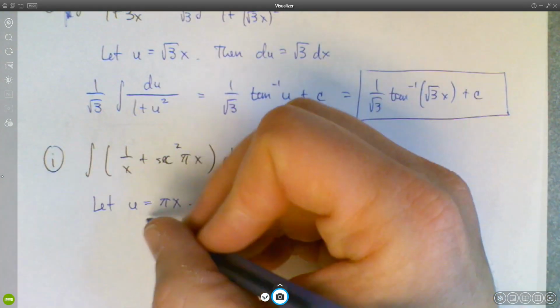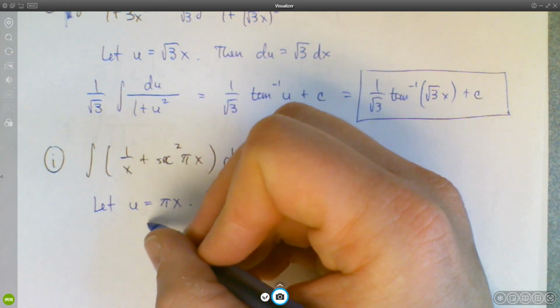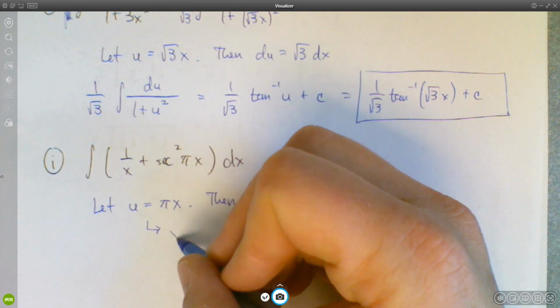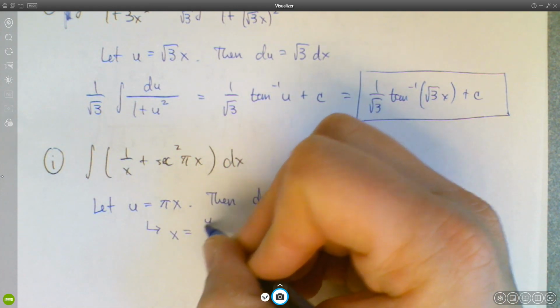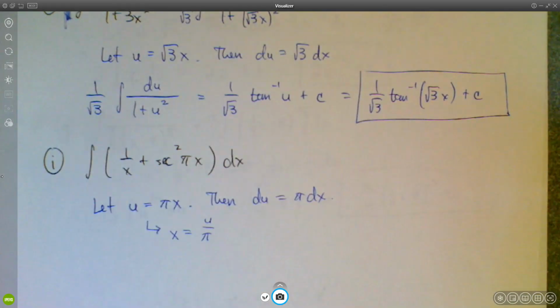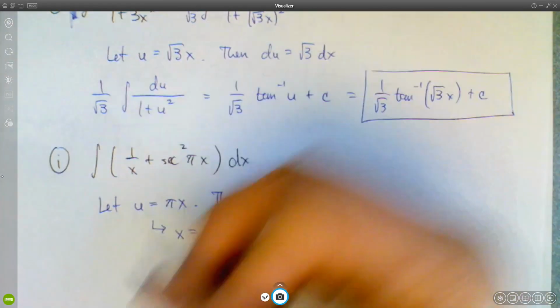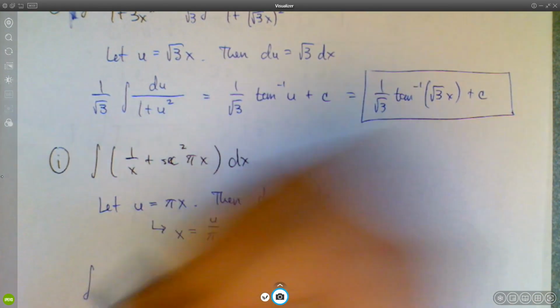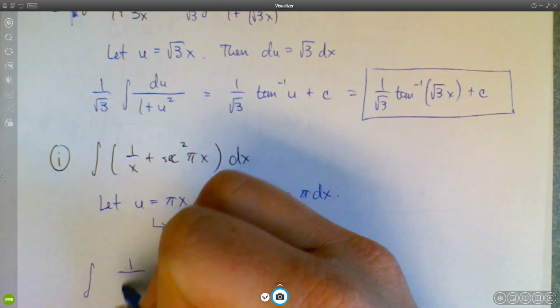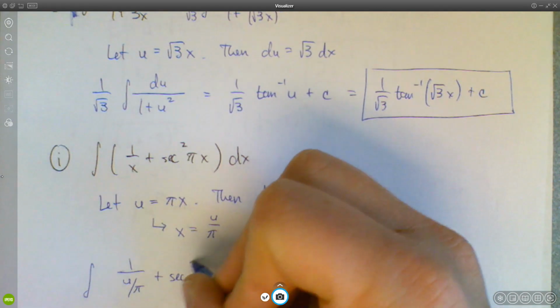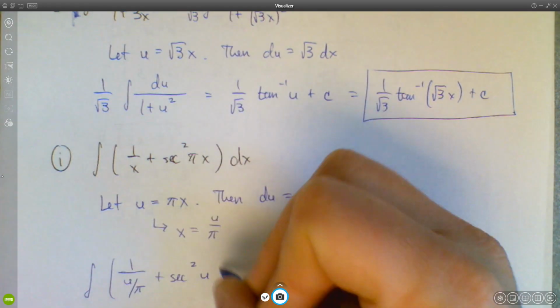It might be useful for me to come back to this equation and say, well, this also implies that x is u over pi, right? So then 1 over x becomes 1 over u over pi plus secant squared u.